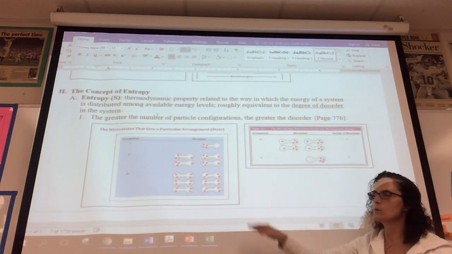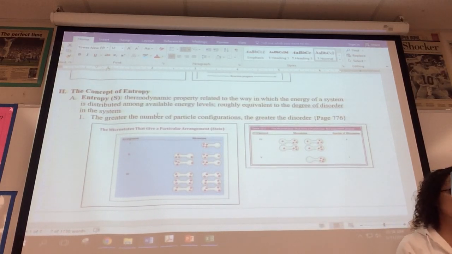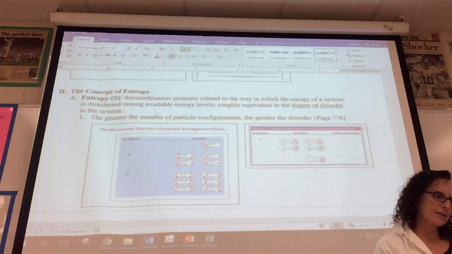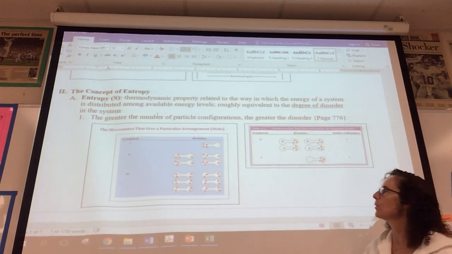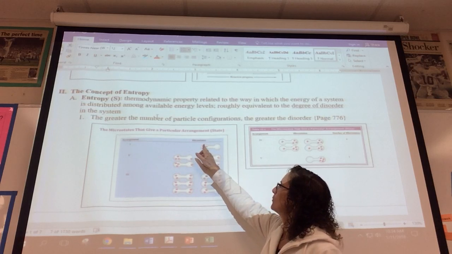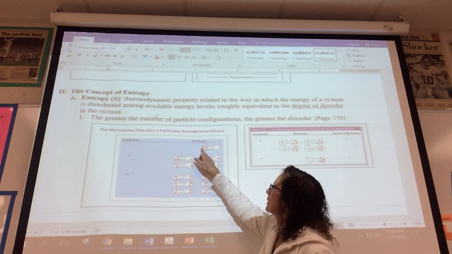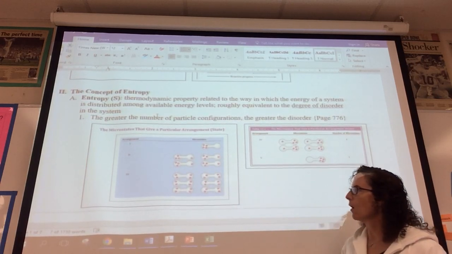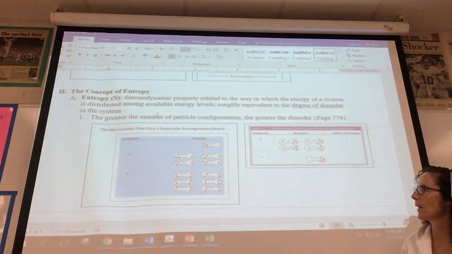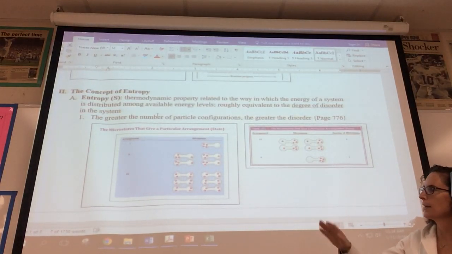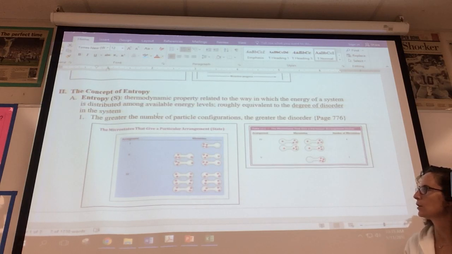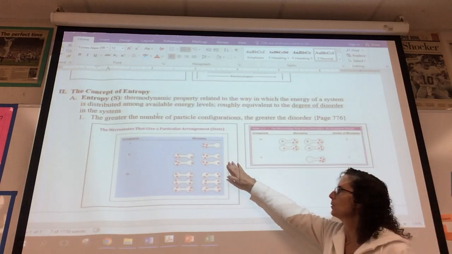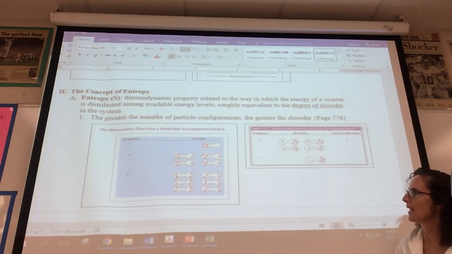Now your textbook goes into a lot of probability and statistic variables on this. I think it may be a bit much for you, but if you have 4 particles here and you want to consider all the different ways that they can be arranged, not only with 3 and 1, but also the exact location of those particular particles, there are a number of ways in which they can be arranged.